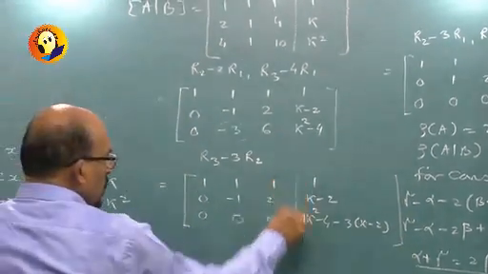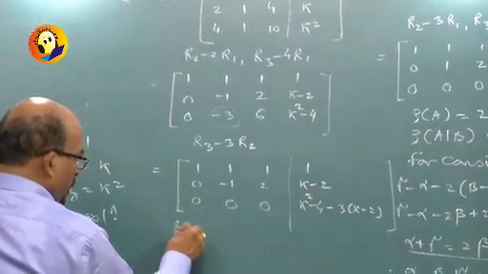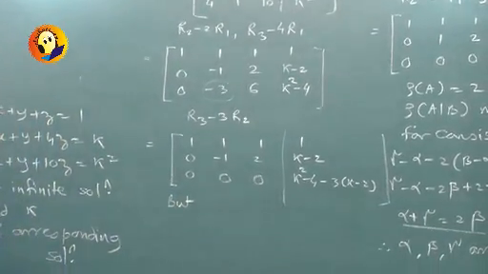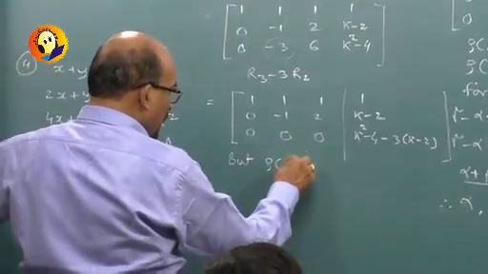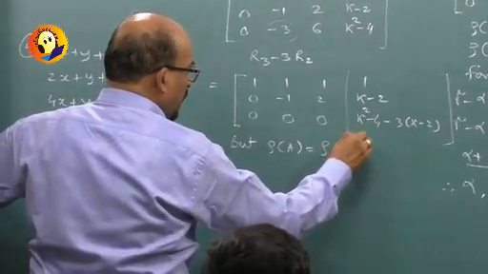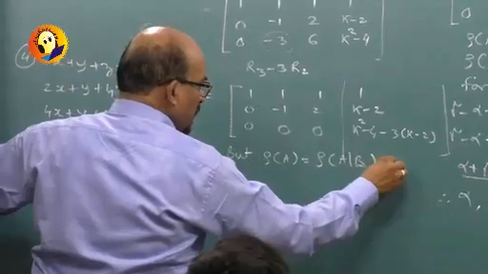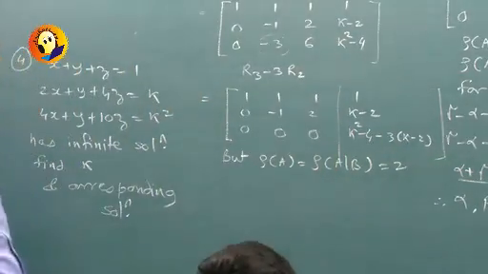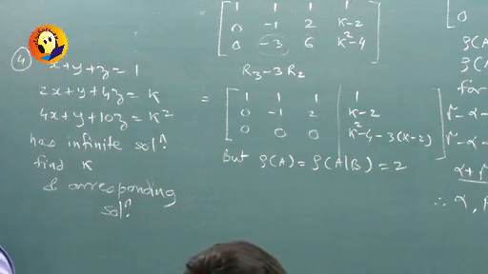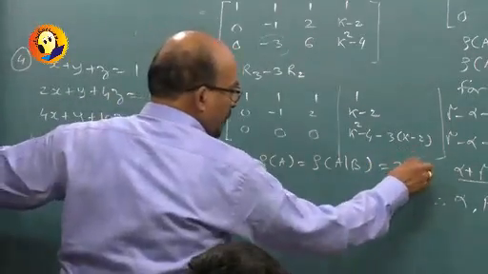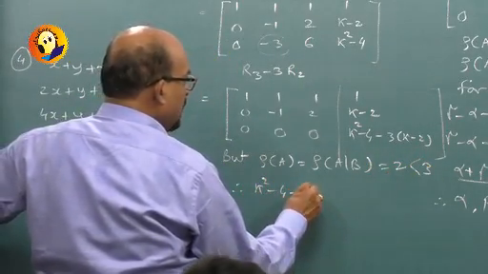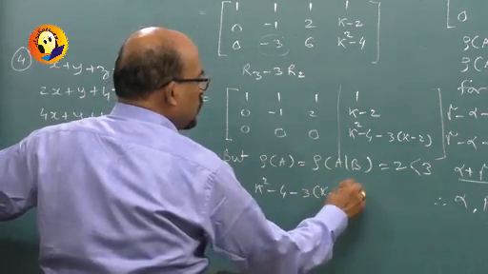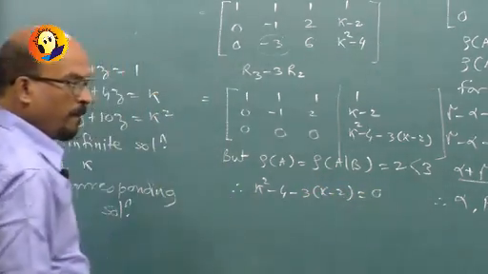Right, but it is given that it has infinite solutions. That means it is given that rho of A equal to rho of AB is equal to 2. Infinite solutions given, so it has to be less than 3. Therefore, k square minus 4 minus 3 into k minus 2 should be 0.